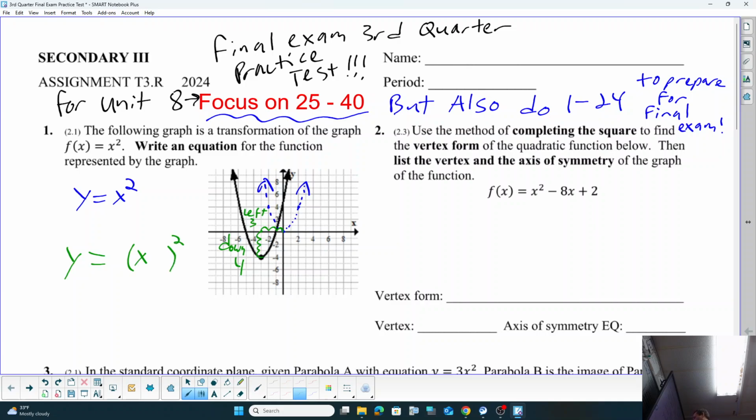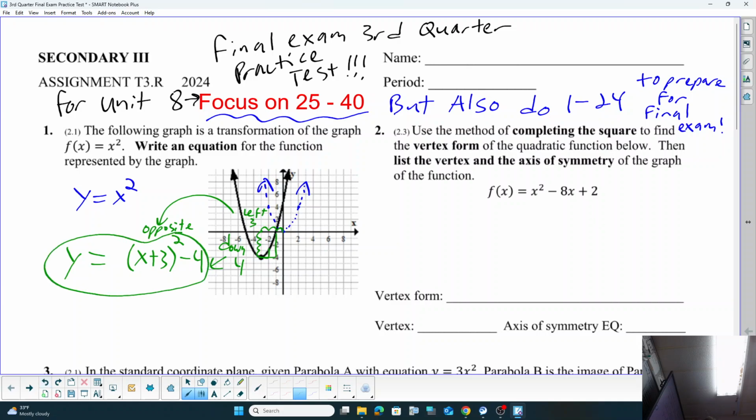Down 4 goes on the outside. And then left 3 is opposite what you think. So you think left 3, but it's actually right. Well, it is left 3, but it's x plus 3. And then I don't see over 1 up 1, over 2 up 4. So I don't see a slope there, so we're good.